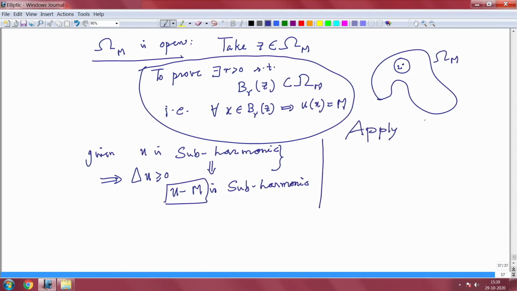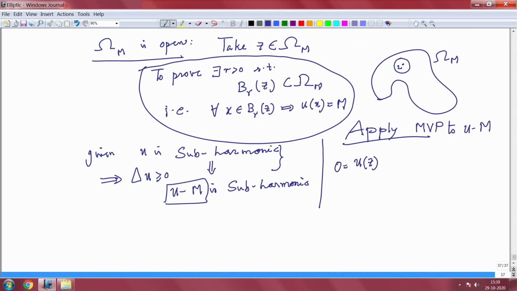the mean value property. Now, mean value inequality or mean value property, you apply it to u minus m. M is constant, so you get at the point z, u(z) minus m.